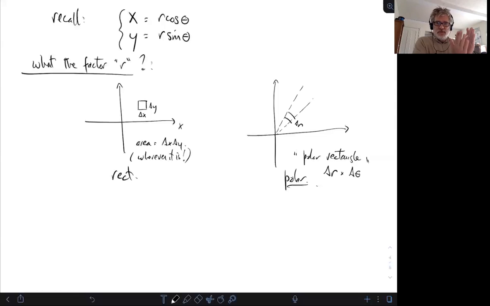But you see what happens now is that if I move this thing further out, its area changes, it becomes bigger. It's the same delta r, the same delta theta, but the area increases.